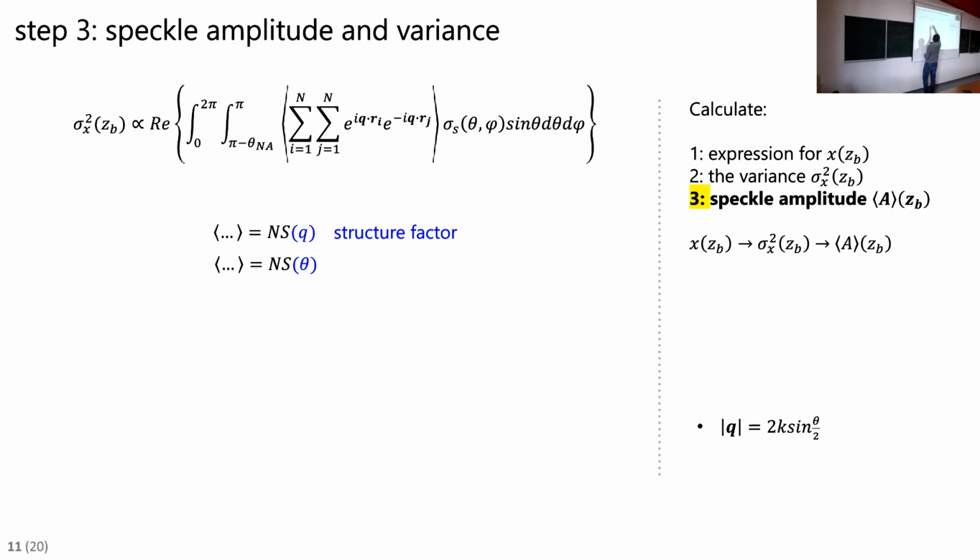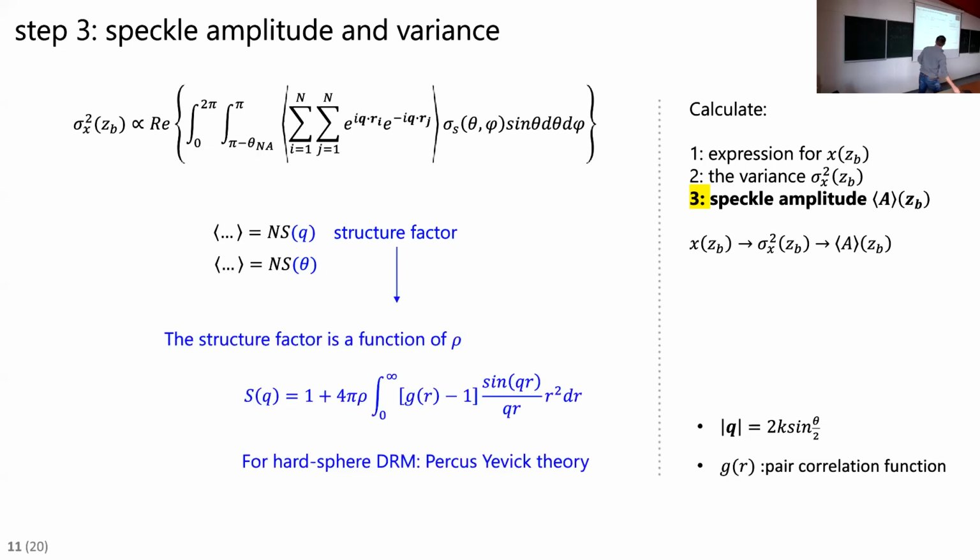So we can substitute this part: the double sum gives us the factor N, and the phase differences give us the factor S of q, or also, because q is related to theta, we can parameterize this as theta. That simplifies the structure factor, the Fourier transform of the pair correlation function.